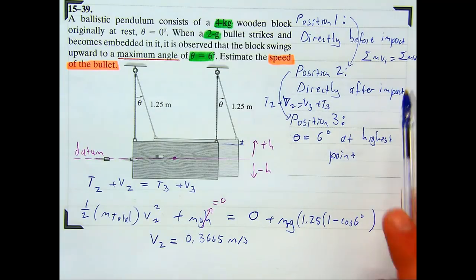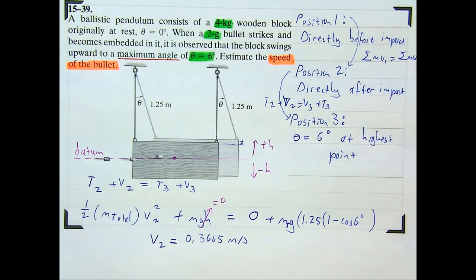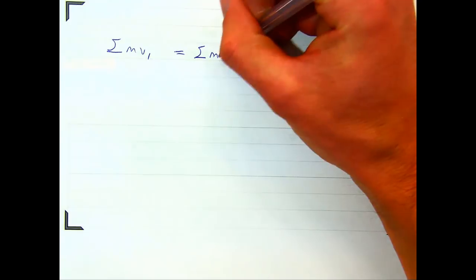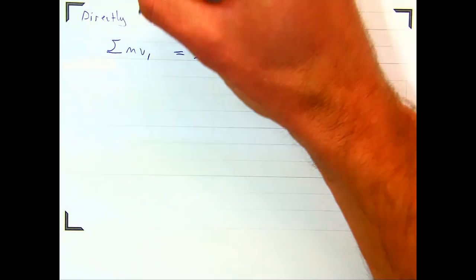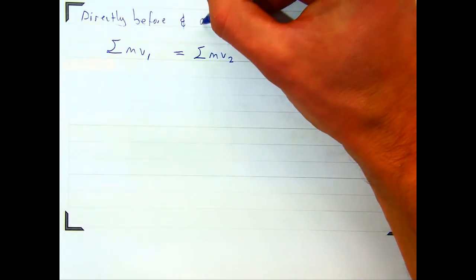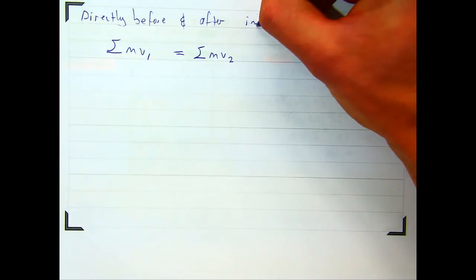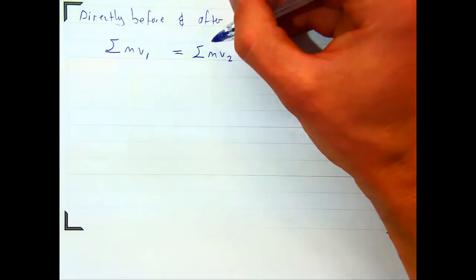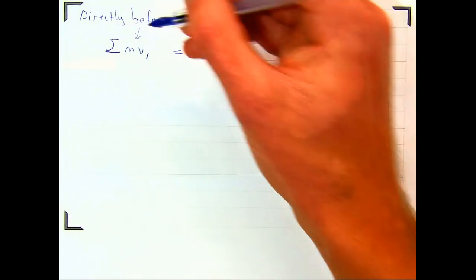For that we make use of conservation of momentum, that is, the momentum of the combined system directly after impact and directly before impact.